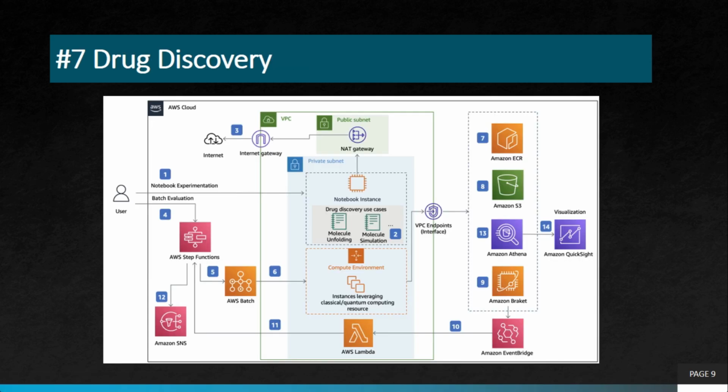The next is drug discovery. Drug discovery is a long and lengthy process. If you see the diagram, you can see it's a very long process, right? So a lot of solutions are required. Quantum computing can enhance drug discovery by analyzing large amounts of data and identifying potential drug candidates.